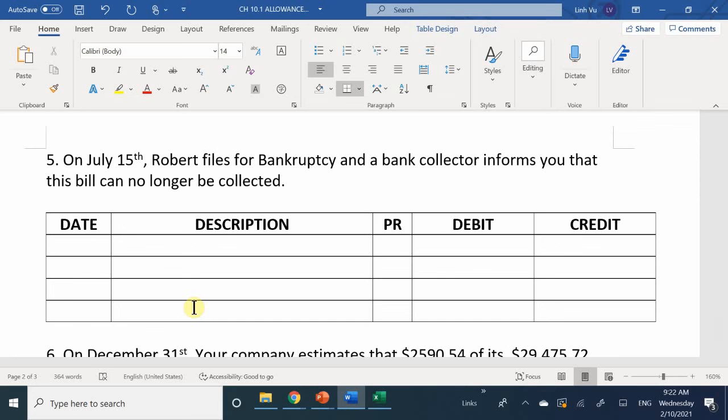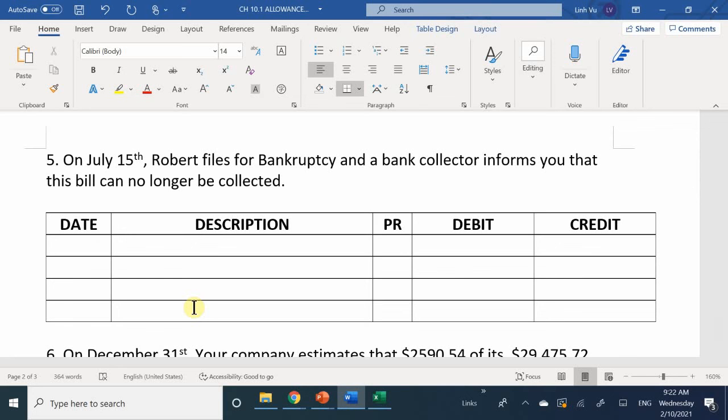If he has filed for bankruptcy, okay, and the bank collector tells you that he can no longer make his payments, and you know that it will potentially become a complete bad debt that you have to write off. What is the journal entry that you're going to be journalizing here?